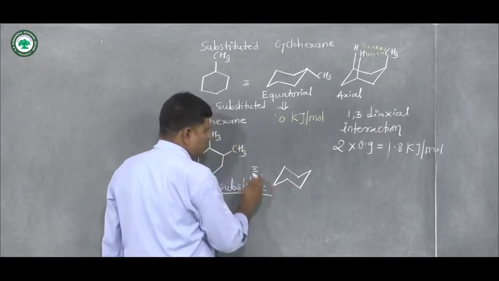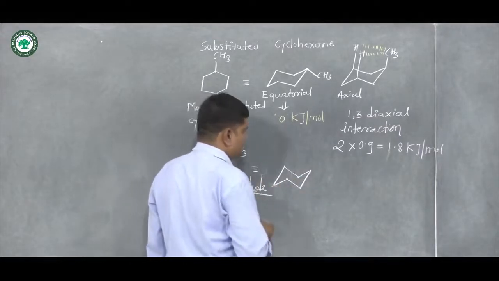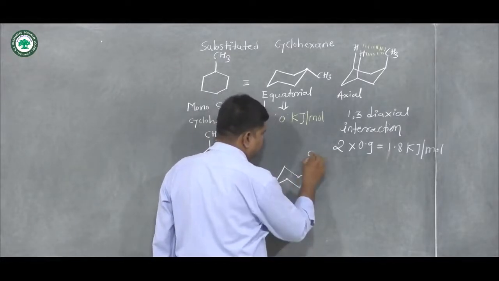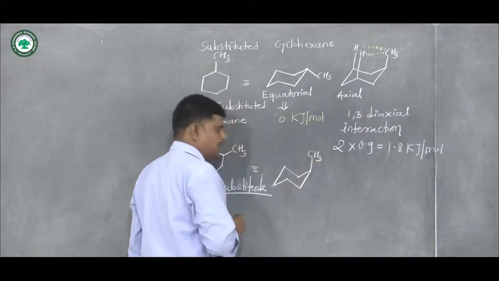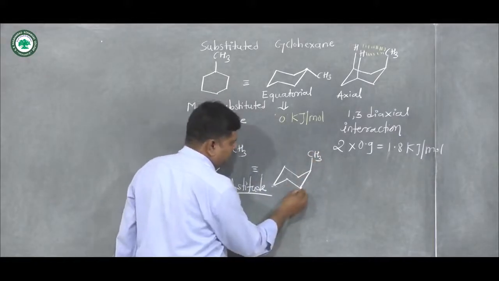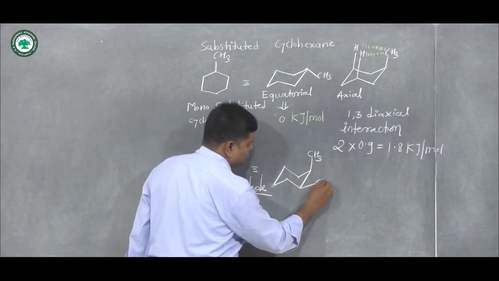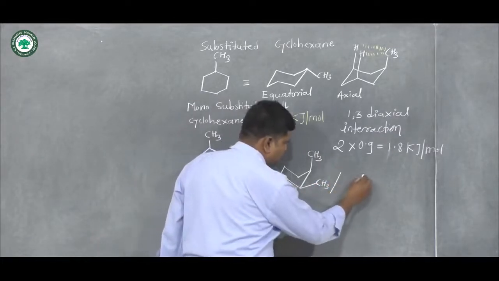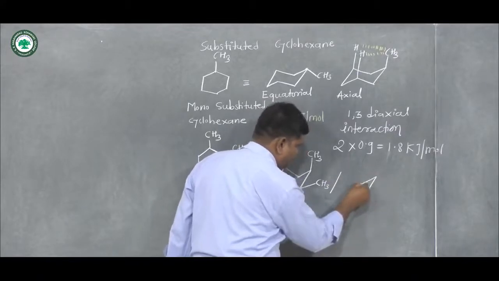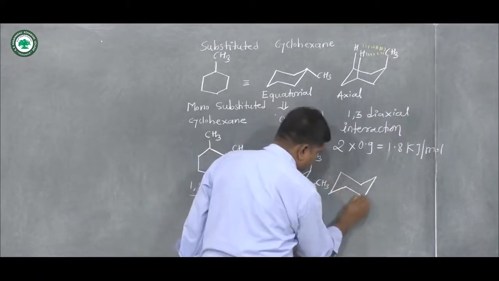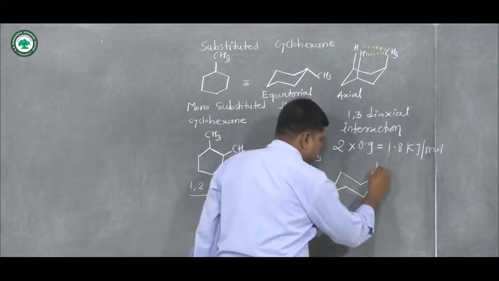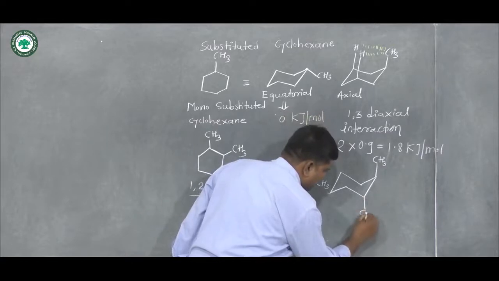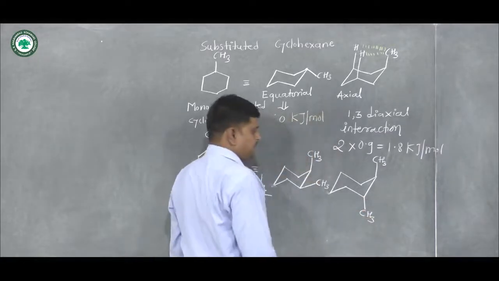Here we write its possible conformations. Suppose here this is methyl which is present at the axial position, and the second methyl is present at the equatorial position. Then the second possibility we draw here: this methyl is axial and this other methyl is also axial.